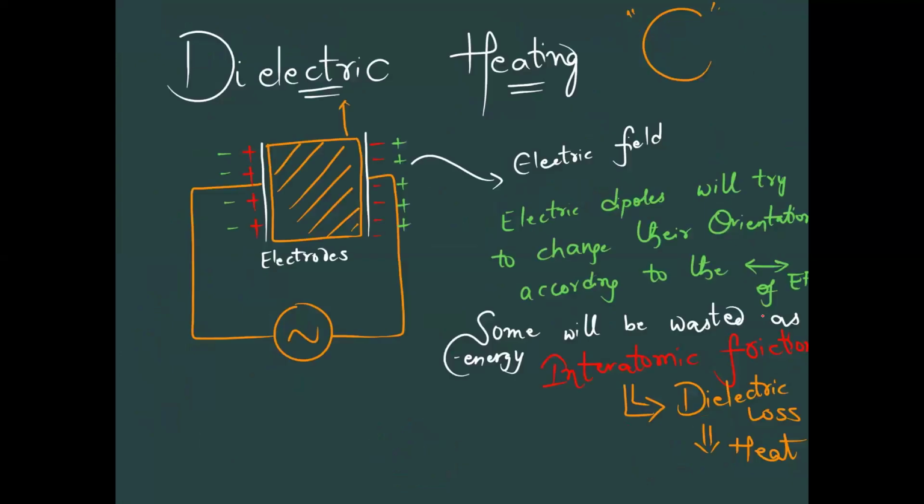In a similar fashion, try the third category, capacitance, or else we may call it dielectric heating. What is dielectric heating? We all know that two parallel plates are nothing but electrodes. I would like to supply some AC or else DC. When I apply some potential here, it can create an electric field here, positive and negative like this, a strong electric field.